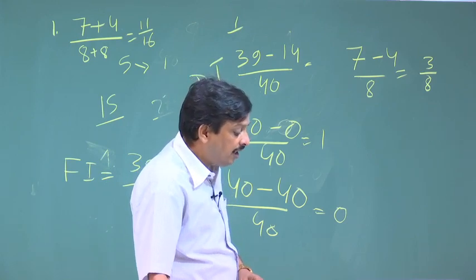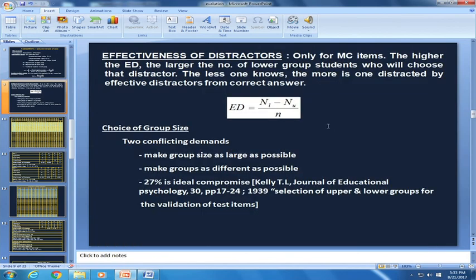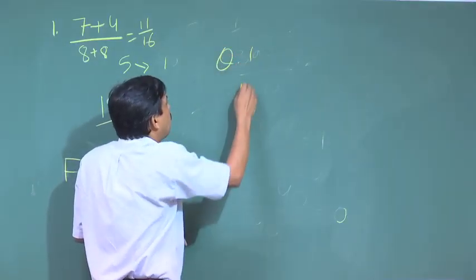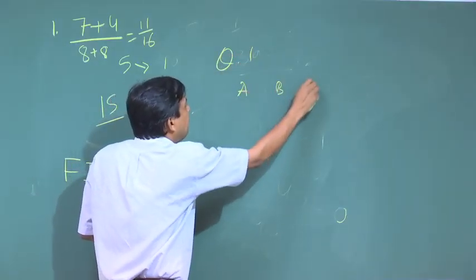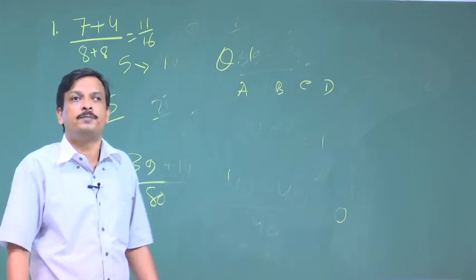There is another item I have mentioned, which is called the effectiveness of the distractor, which applies only to multiple choice questions. Many times we make multiple choice questions, say question number 1, with choices A, B, C, D. What do we want to test?